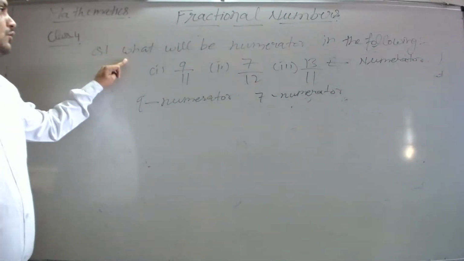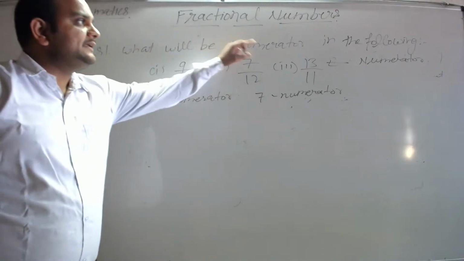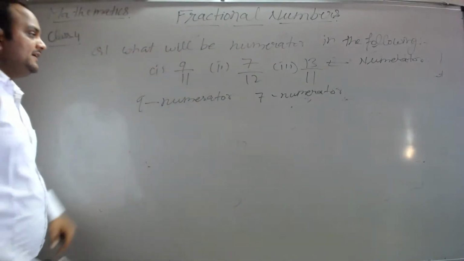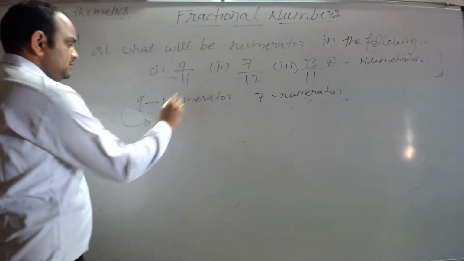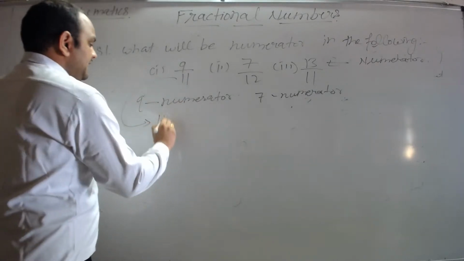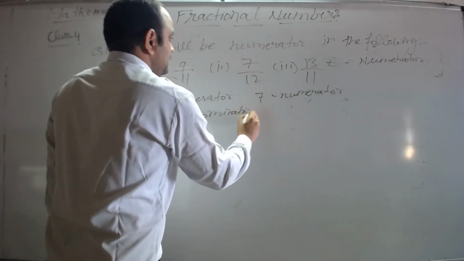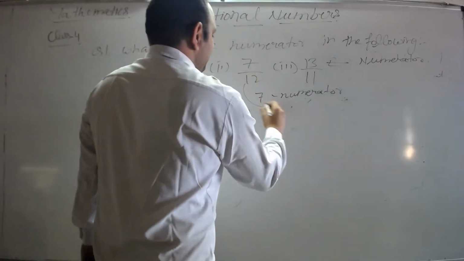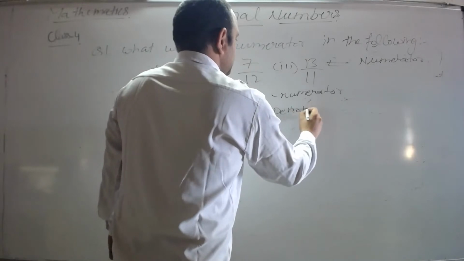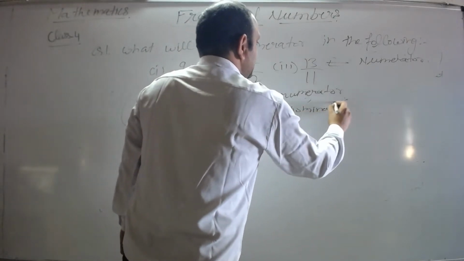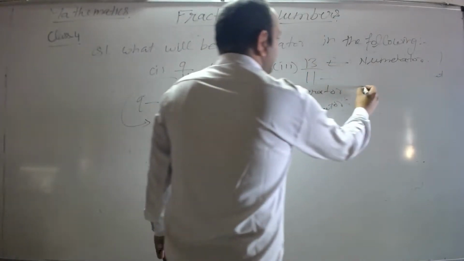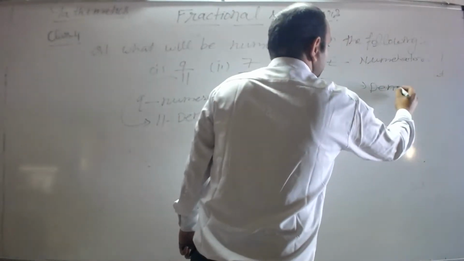And if the question is asking what will be the denominator in the following, the denominator will be the bottom number. So in 9 by 11, 11 will be the denominator. In 7 by 12, 12 will be the denominator. Similarly, in 13 by 11, 11 will be the denominator.